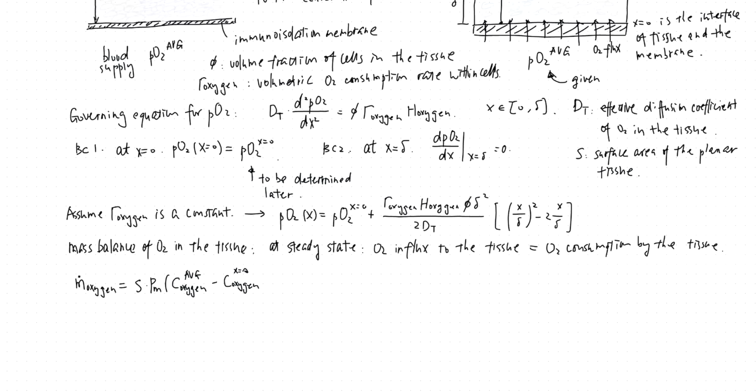Then we can use Henry's constant. It gives us PO2 divided by Henry's constant. Then we convert it to CO2.